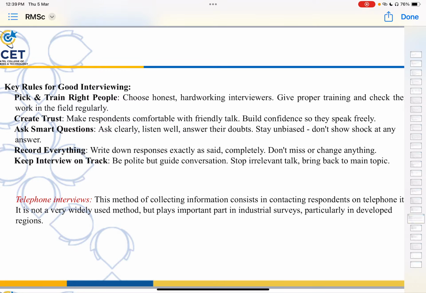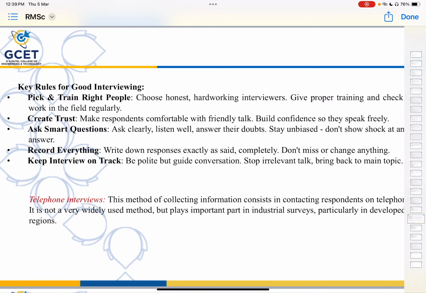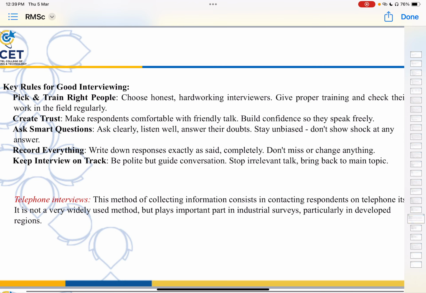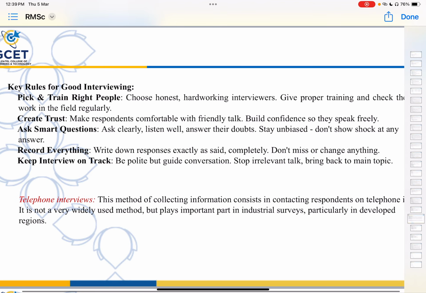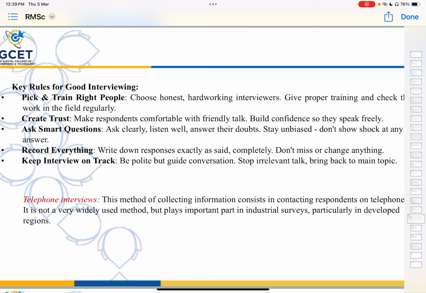These are the virtues required. Record everything. Write down responses exactly as said, completely. Don't miss or change anything. And keep the interview on track, because sometimes the interviewer goes off track.